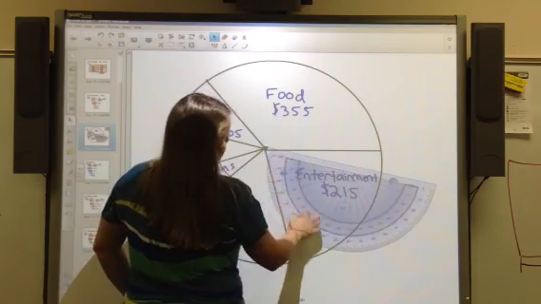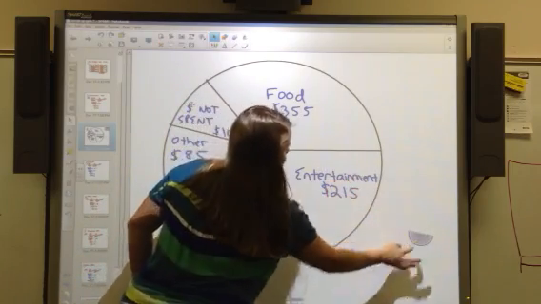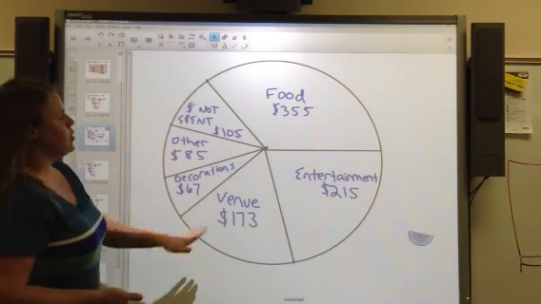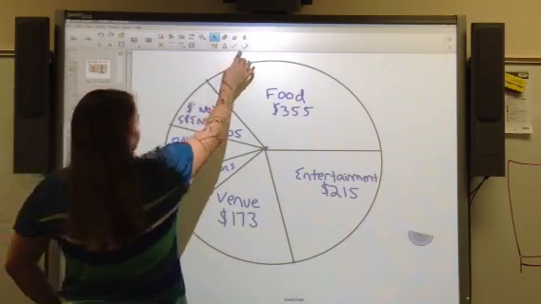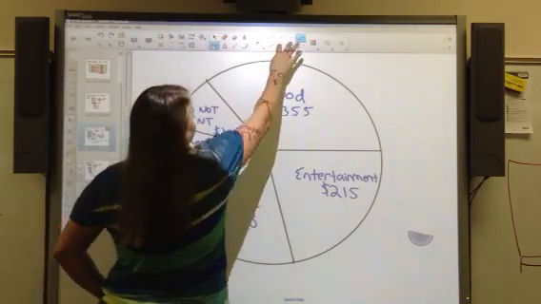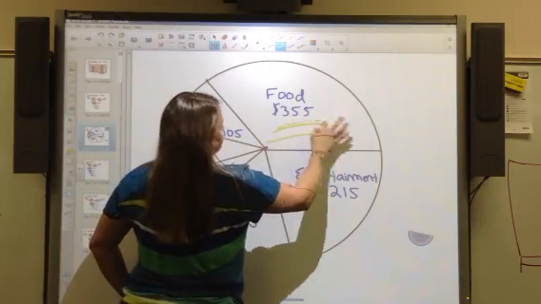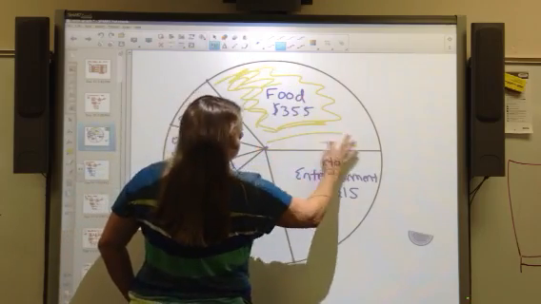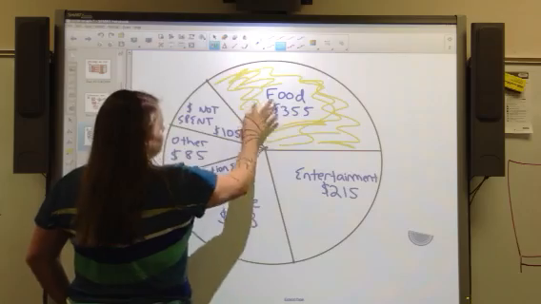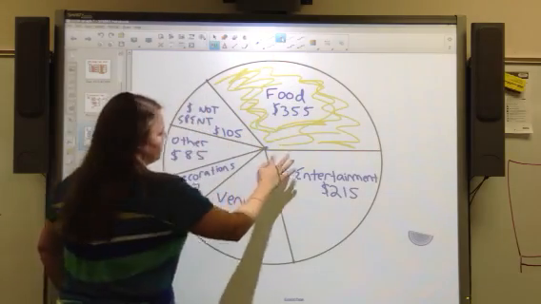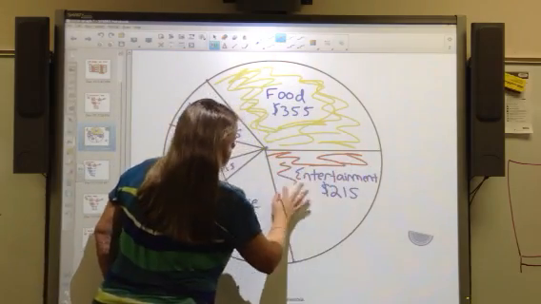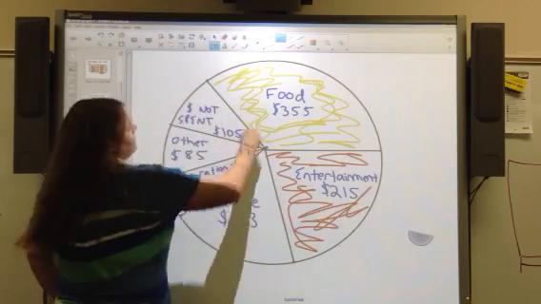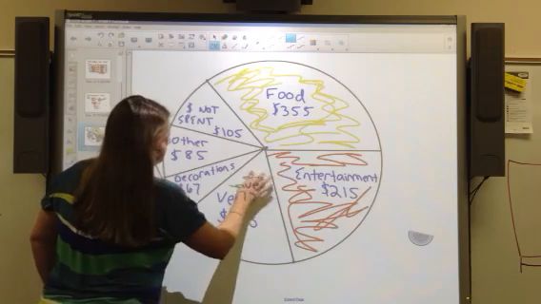So looking now at our graph, to make this visually pleasing for the client, you would then go ahead and color code lightly. So I'm going to go through very lightly and kind of just decorate around it. Each one's going to be a different color. And I can have a key somewhere around it so they can see what each one represents. I'll go red around entertainment. And then I can go green on the venue.